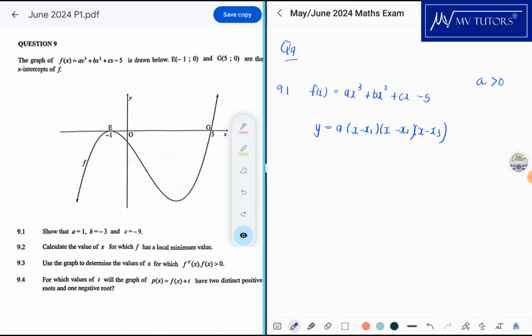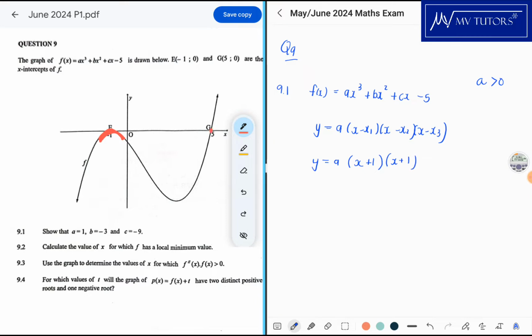Now let us work it out. So I have y is equal to a, x minus 1 will be x plus 1. Okay, and because we have a turning point over here, if you have a turning point on the x-axis, it means you have 2 of them, x plus 1, x plus 1, all right?